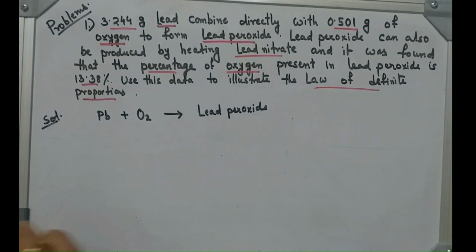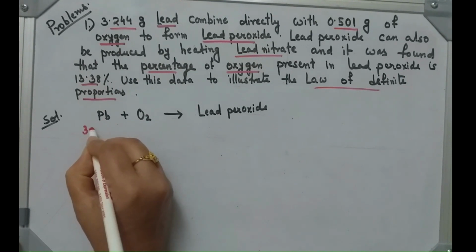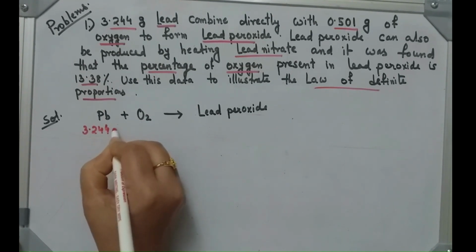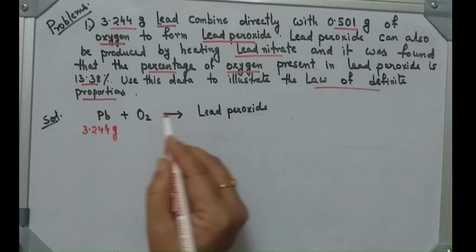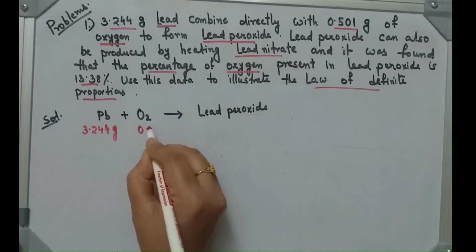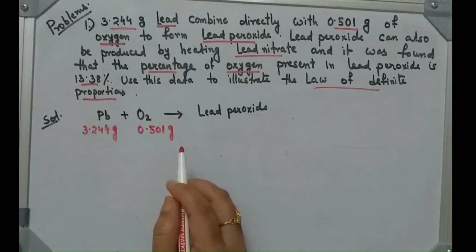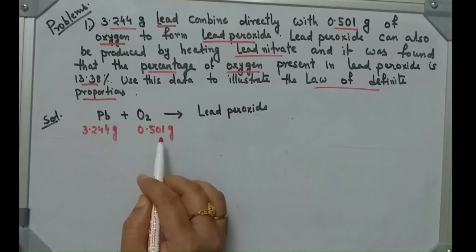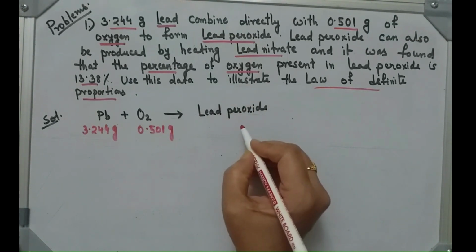Now, the amount of lead is given as 3.244 grams and the amount of oxygen is also given as 0.501 grams. So if we add these two, we will get the amount of lead peroxide.